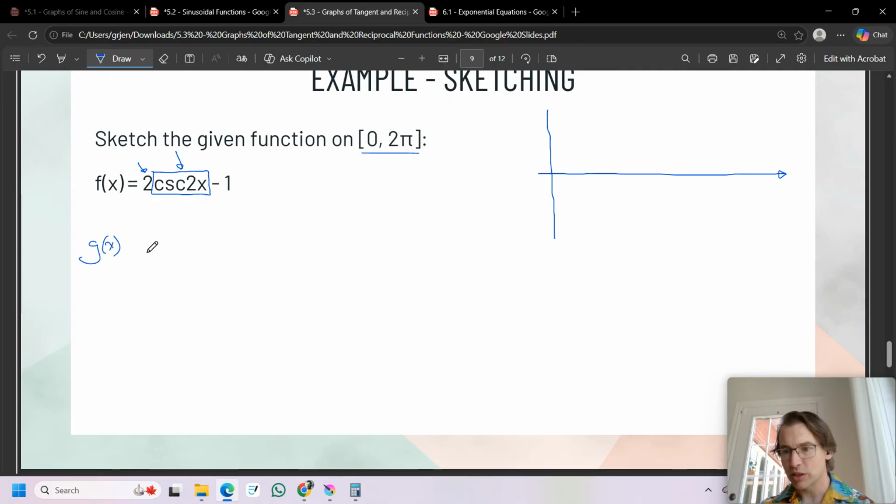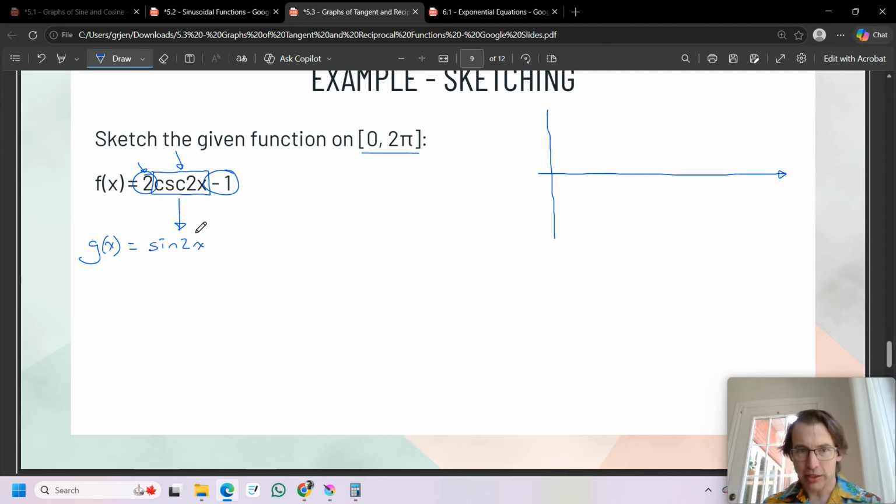And that's equal to sine of 2x. And I'm going to be interested in sine of 2x. Again, I'm ignoring this piece for now, because we're going to stretch it later after we do the reciprocal.